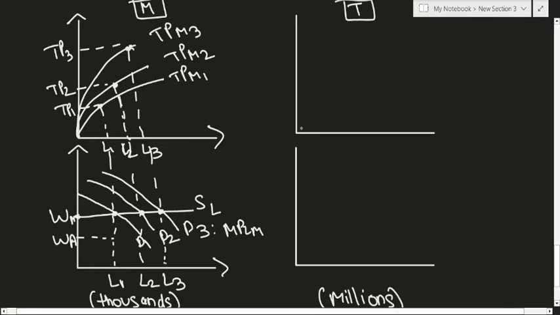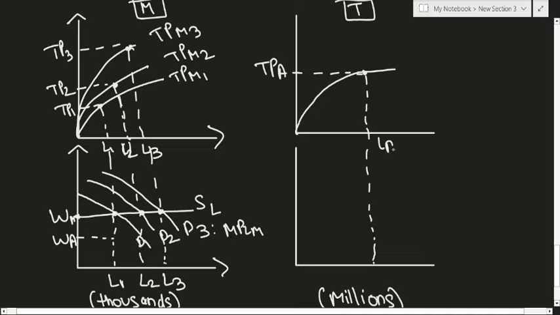Okay. Now here total product increases normally and then it turns constant. From this point onwards, the marginal productivity is 0 or negative. So this is TPA.